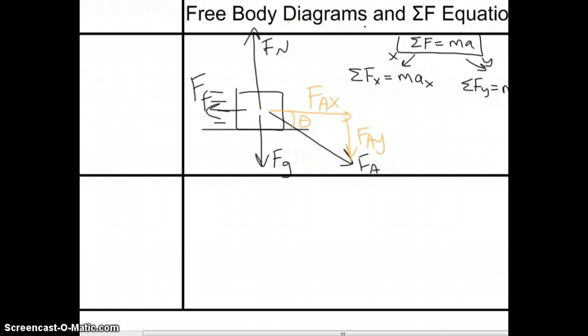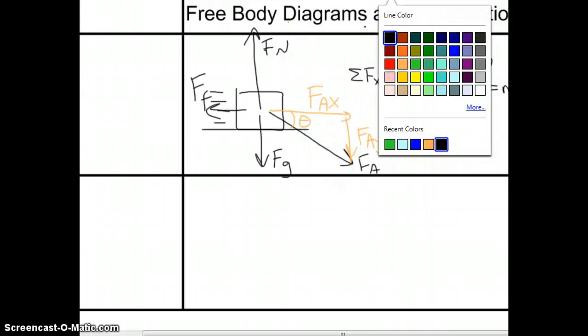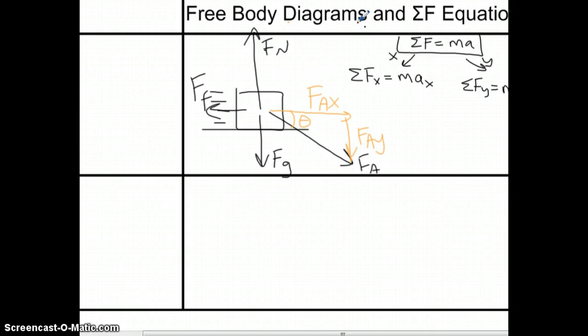So what are my horizontal forces? FAX, FF, and what else? That's it. FA of X minus FF equals M times A of X. I'm not done yet. I can expand FAX out.